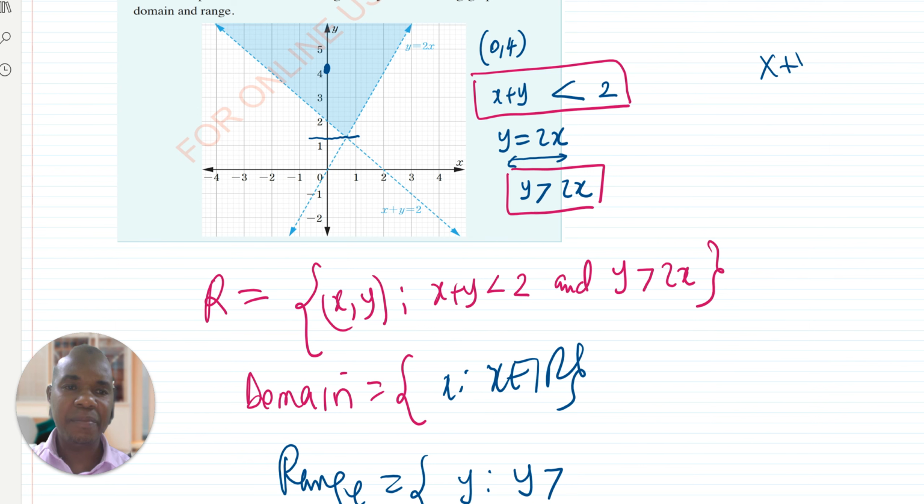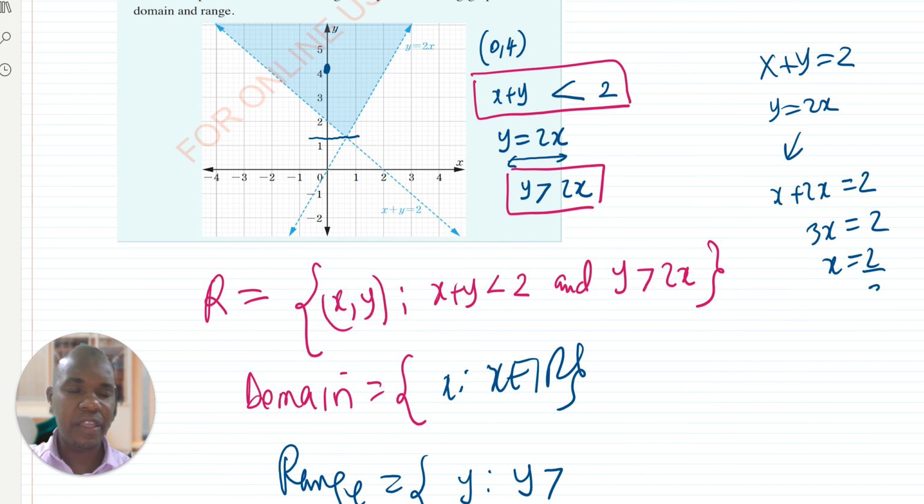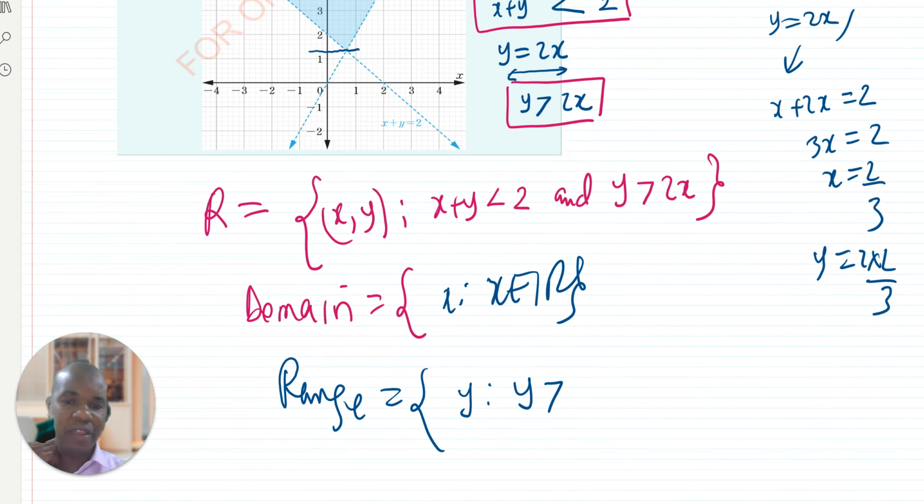So I'll be having x plus y equals 2, and we're having y equals 2x, meaning that x plus 2x equals 2, 3x equals 2, x is 2 over 3. You put back 2 over 3, y will be 2 times 2 over 3. So it is 4 over 3. You can say that y is greater than 4 over 3, dear students.